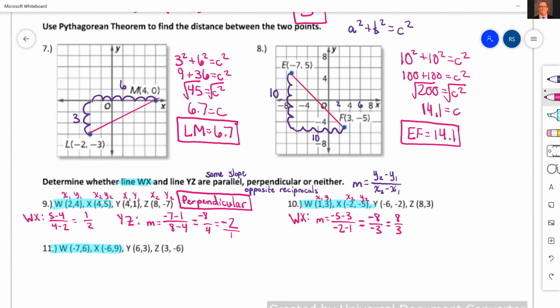Do the same thing for YZ. Label my points. X1, Y1, X2, Y2.